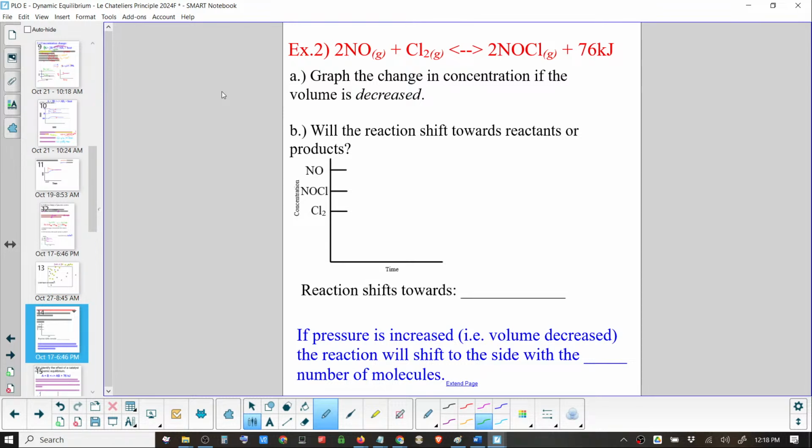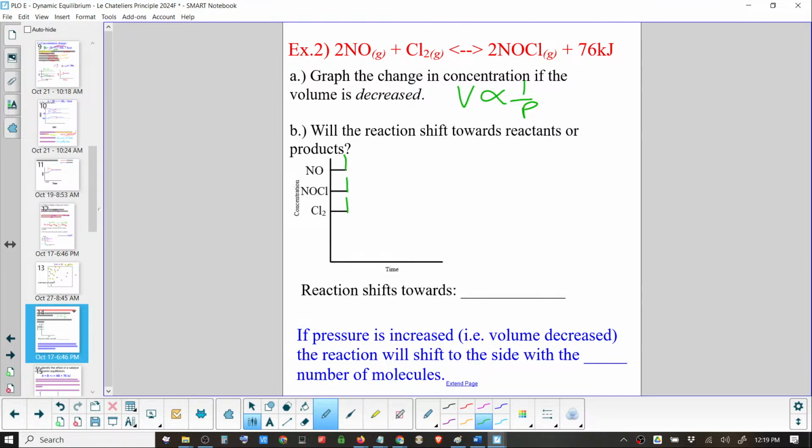So don't forget, volume and pressure are inversely proportional. When volume goes up, pressure goes down. When volume goes down, pressure goes up. And pressure is another way of saying concentration. So if the volume is decreased and the pressure is increased, that means they should all spike up.